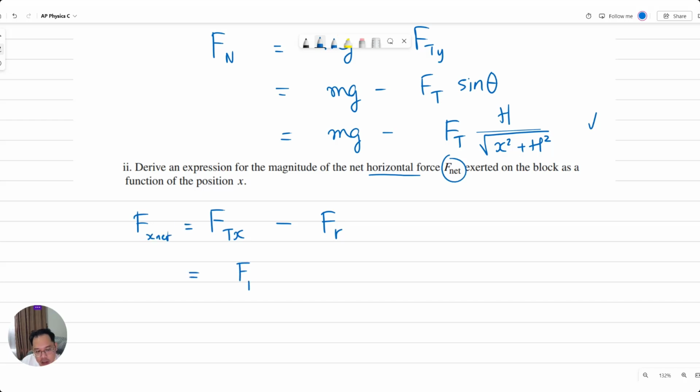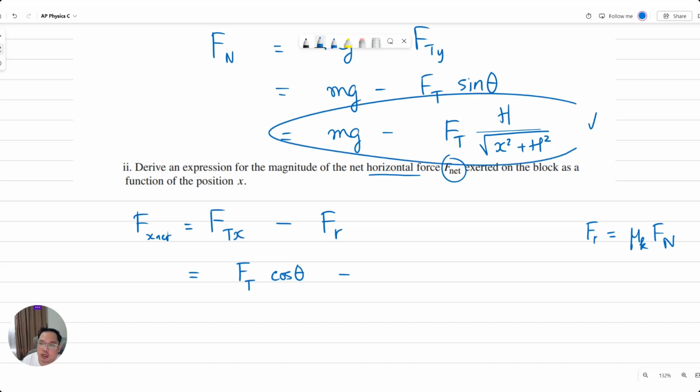Ftx will be equal to Ft, the tension, multiplied by cosine of the angle. And the friction, as you already know, is determined by the coefficient of friction multiplied by the normal force Fn. We will plug the expression of Fn into this expression to find the frictional force.